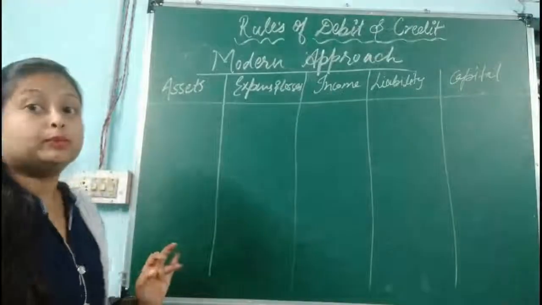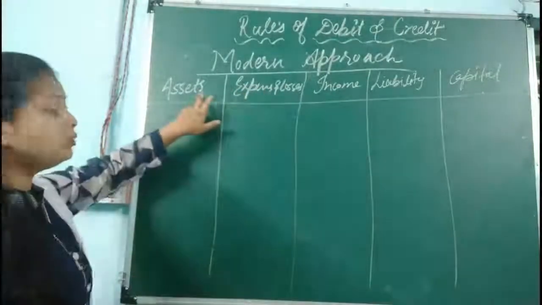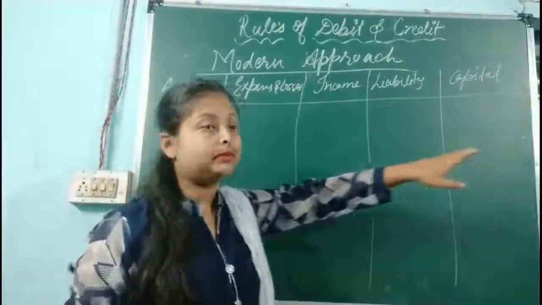Through modern approach, they have divided all things into 5 parts: assets, expenses, income, liability and capital.